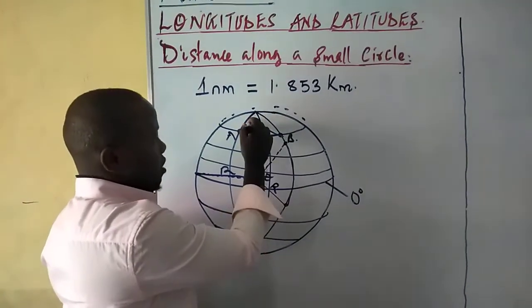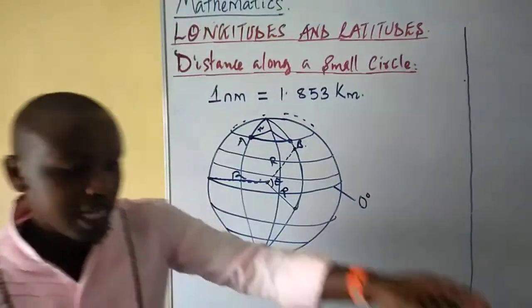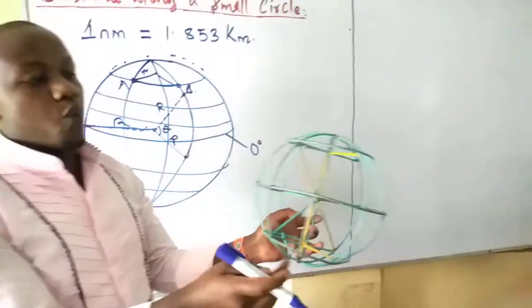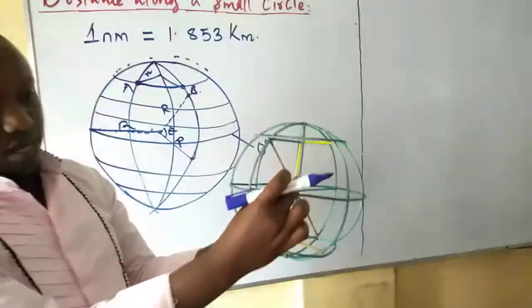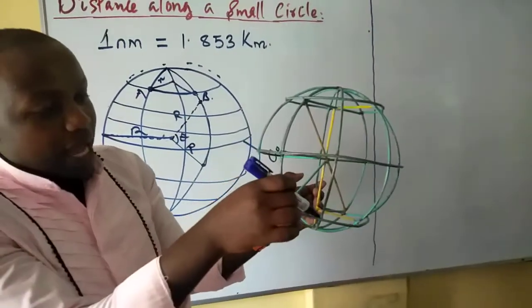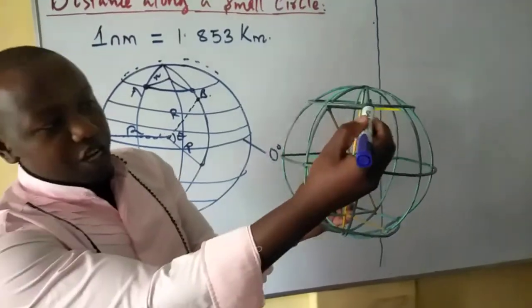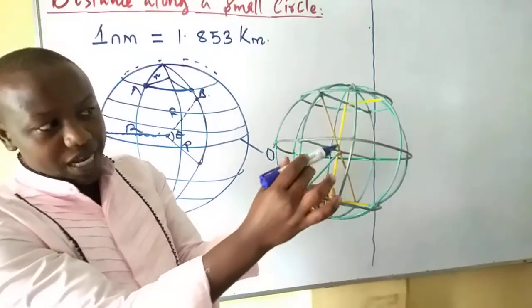Therefore, we are having a smaller radius. Let me demonstrate what I'm trying to say. When you consider a great circle like this one, you can relate from here to the center and from here to the center again. Then you treat this one as an arc and you use the angle in between them.